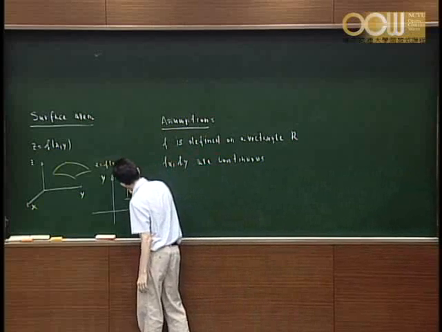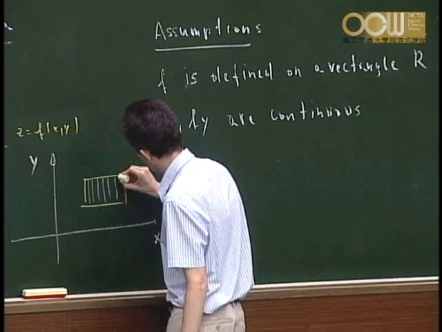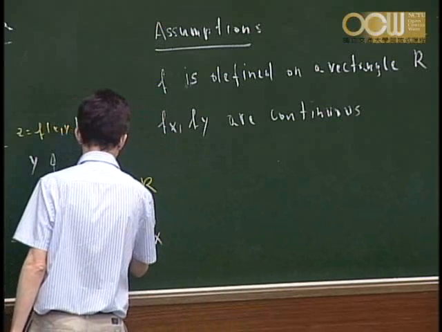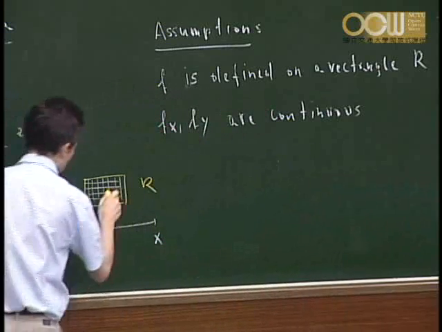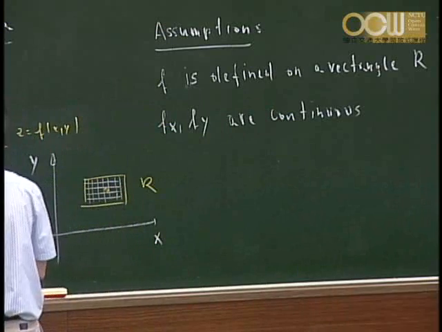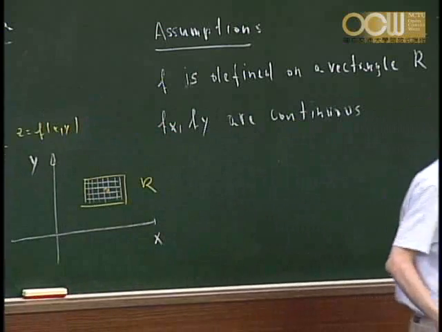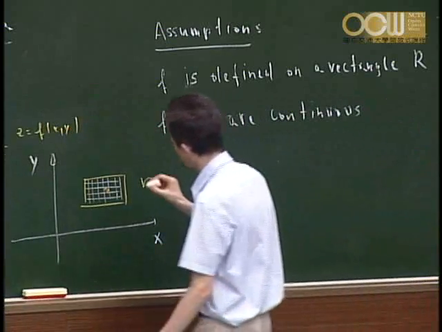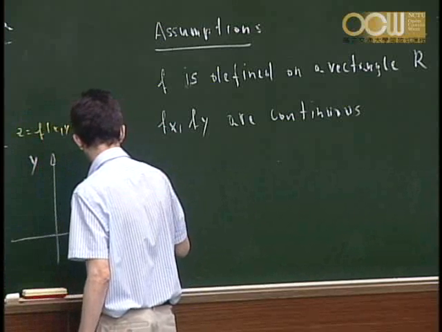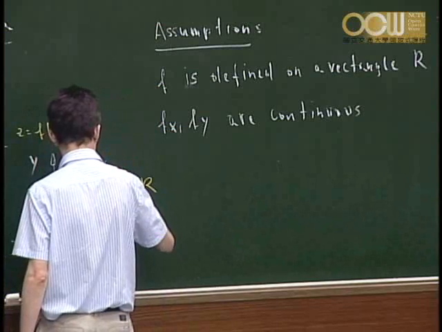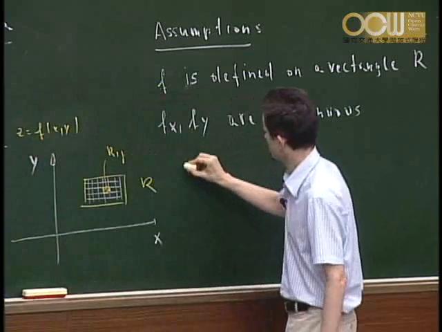So what we get then is some kind of subdivision. Okay, so in particular, what we get is smaller rectangles. And as always, we first solve the problem for a smaller rectangle, and then we let the subdivision go to infinity. So we have here a smaller rectangle, which we call Rij.